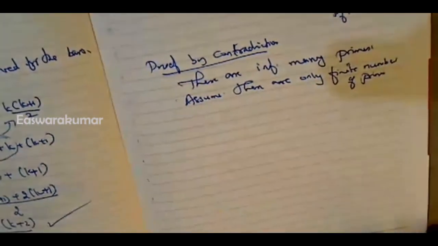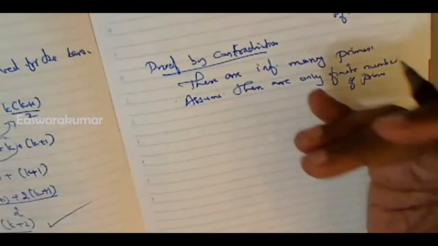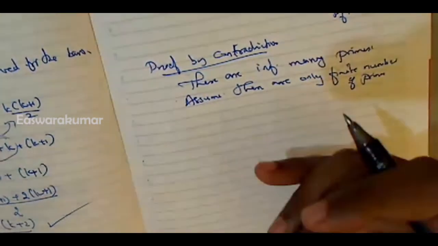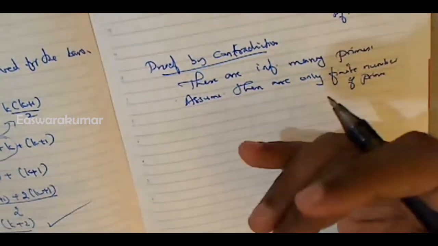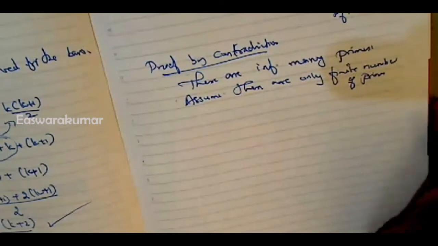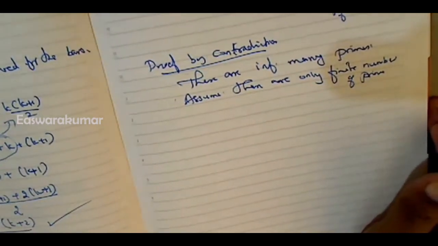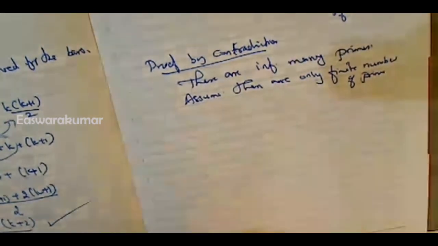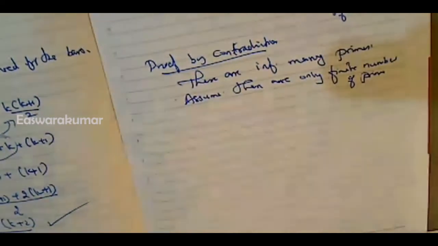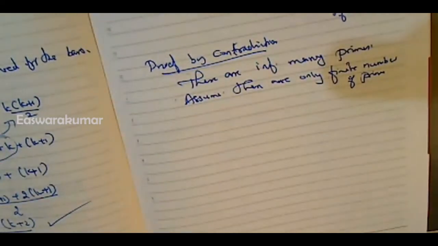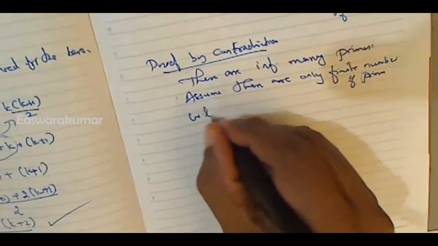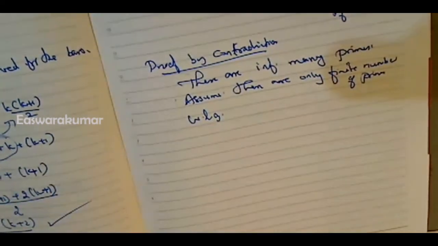This contradicts the statement which we want to prove. So if there are only a finite number of primes, we can list them out, because there are only finitely many. Okay. So, without loss of generality. Mathematically, in most places we might have used without loss of generality. What does it mean? Without loss of generality.